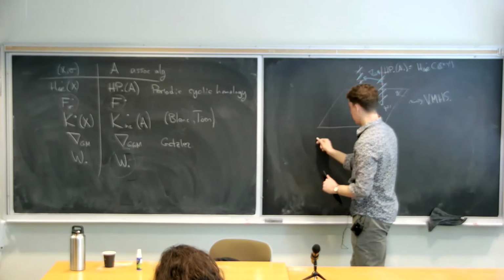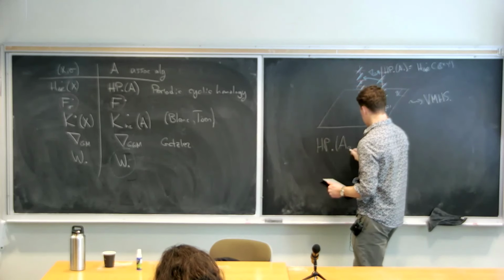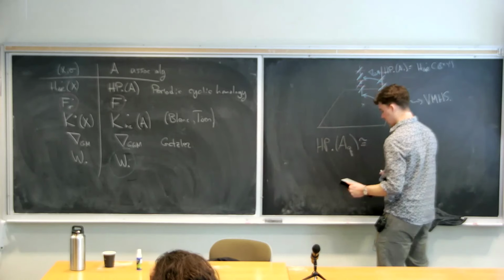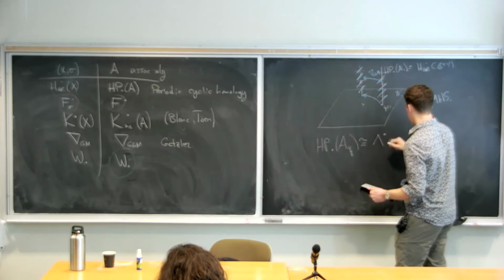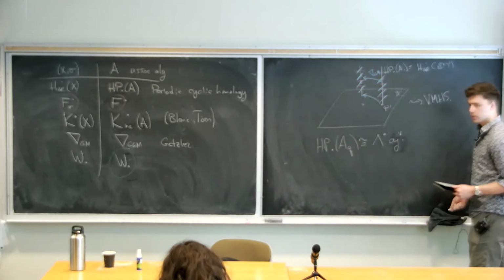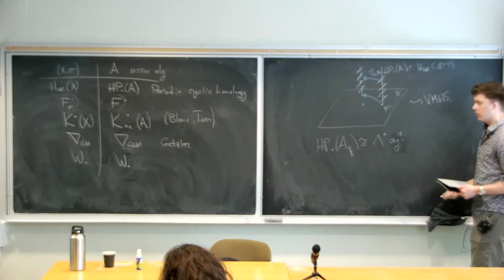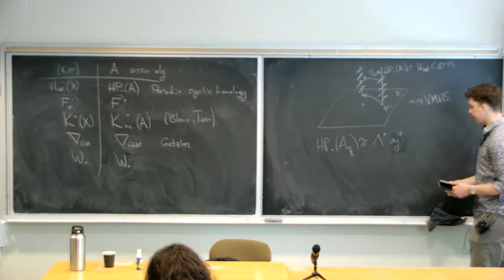Let me just whip off a quick couple of facts about it. So this is going to look like the exterior algebra on the dual of the Lie algebra, where I view (C*)^n as a Lie group.